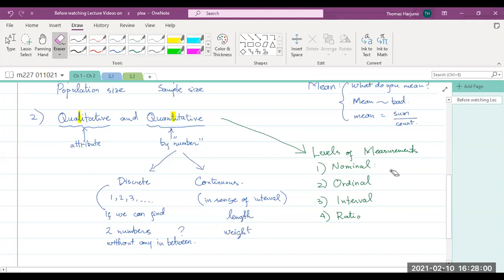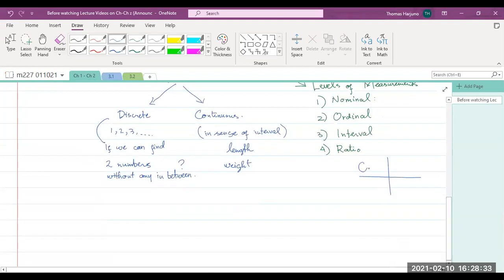United States, Mexico, Indonesia, Japan, Russia, Nigeria. Those are nominal. What car do you drive? What computer do you use? What brand do you use? What phone do you use? That's nominal.